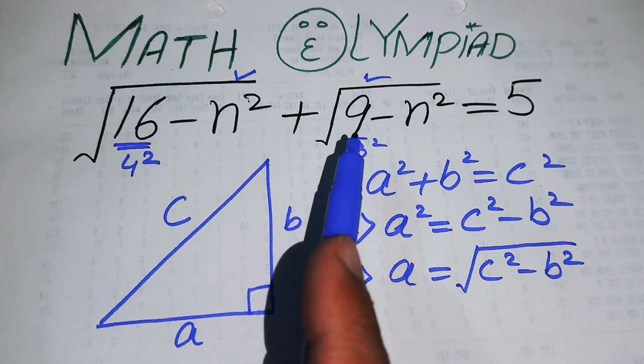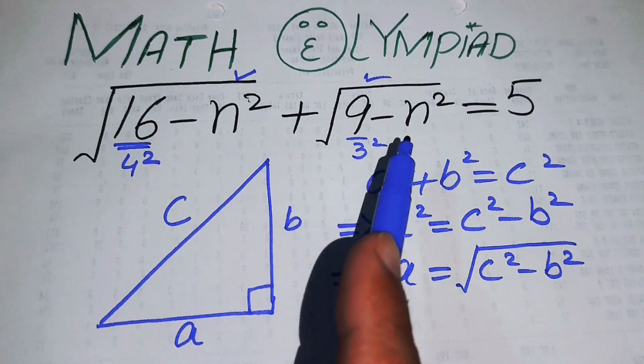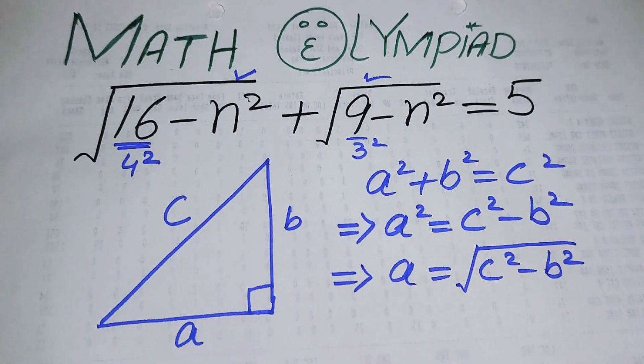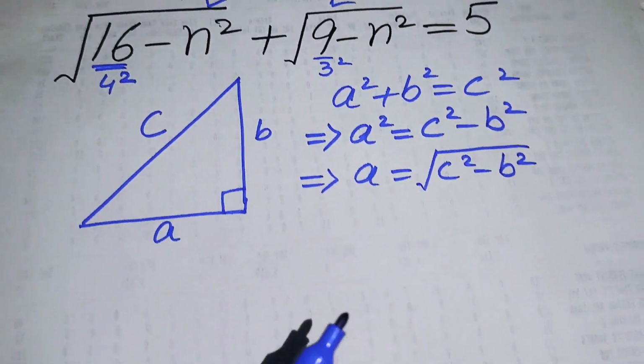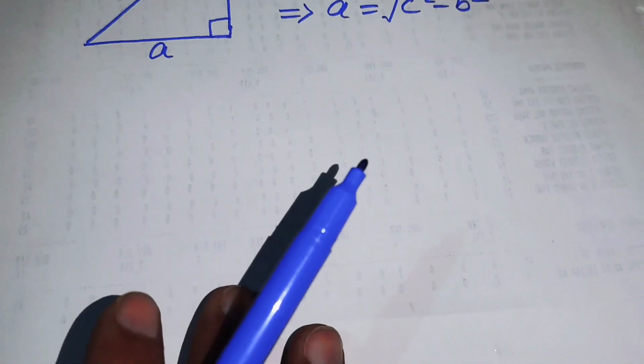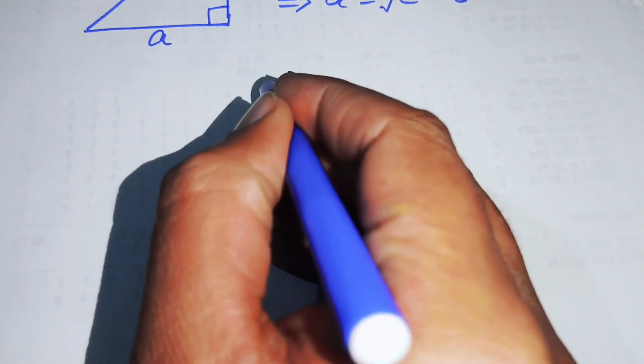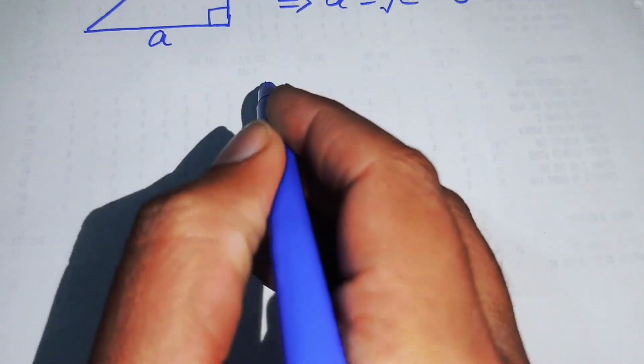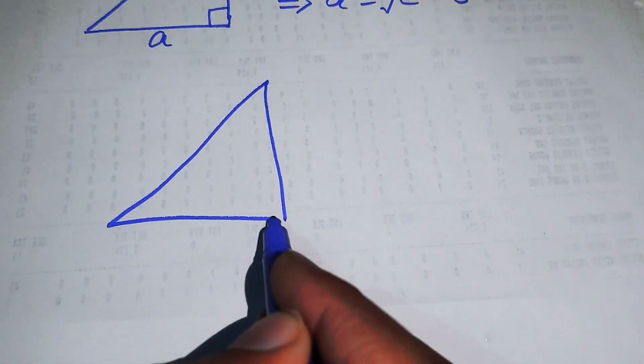Similarly, for the other term we have c equals 3 and b equals n.